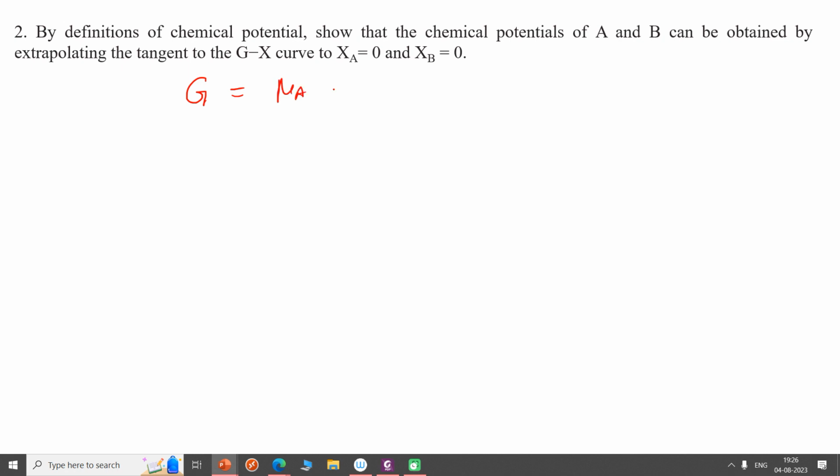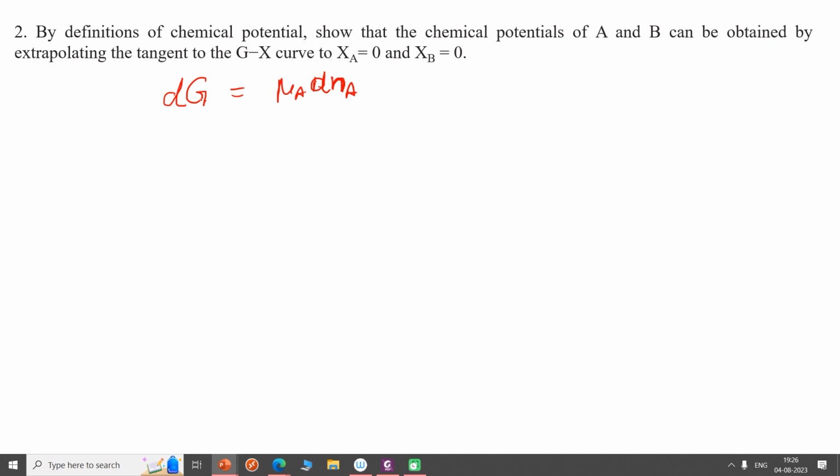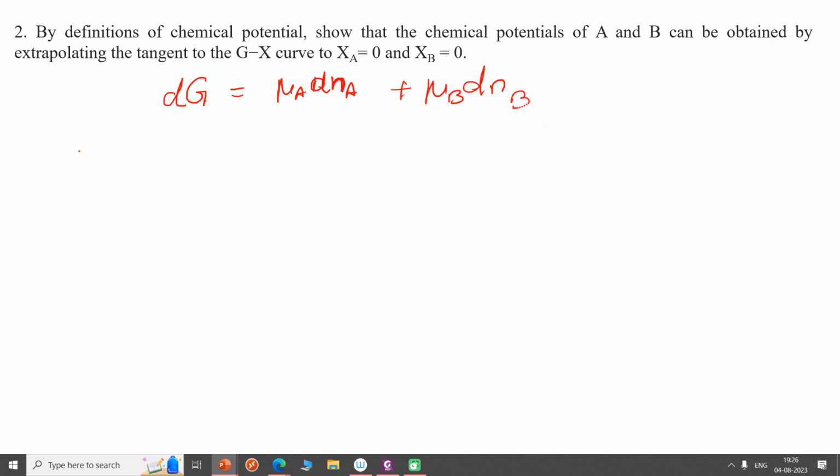If I increase the composition by dN moles, so this should also be dG equals A plus B, and this is divided by the total number of moles.